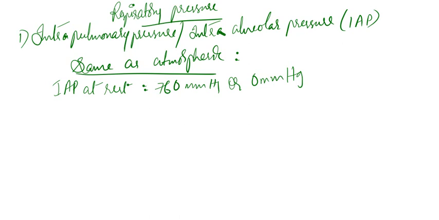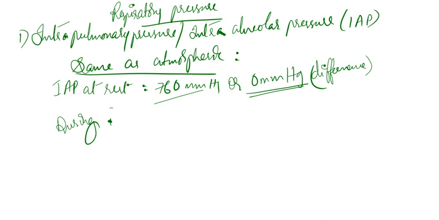If both are nullified, it becomes 0, so a 0 mm Hg difference. The difference between the atmospheric pressure and the intra-alveolar pressure is zero, meaning both are equal: 760, 760.